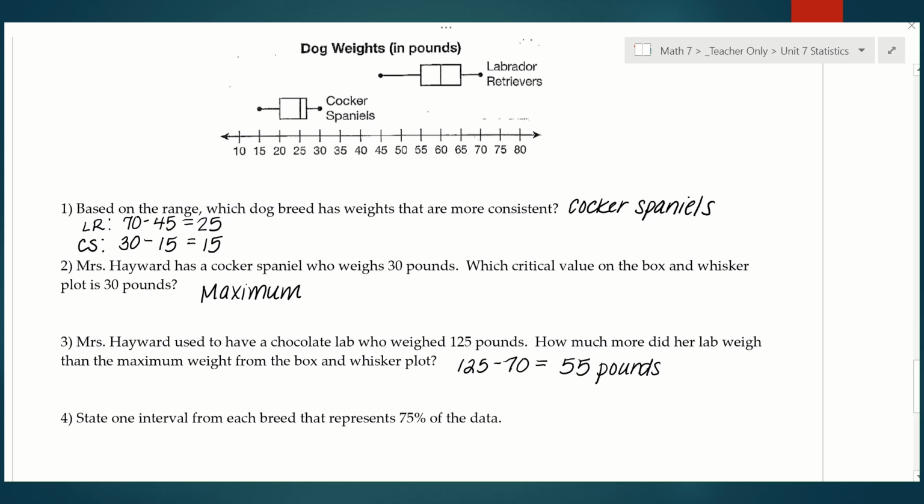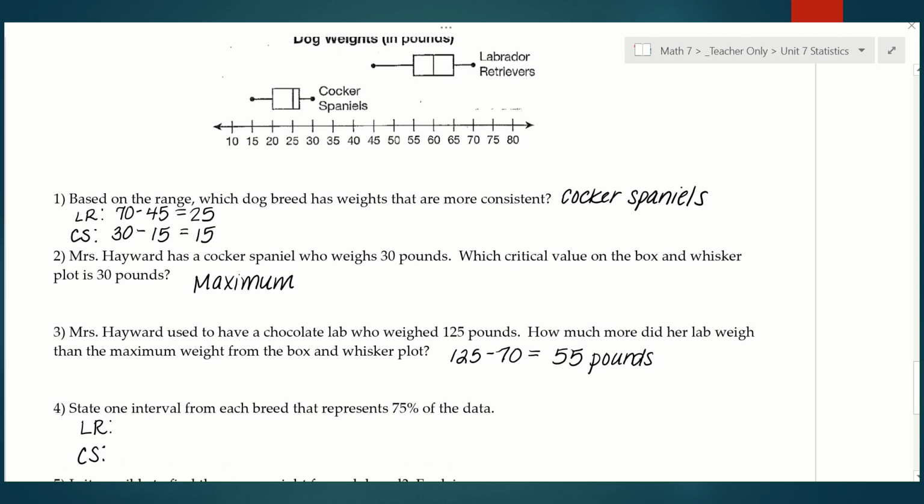Okay, state one interval from each breed that represents 75% of the data. Okay, so let's do labs first. If I need 75%, I am looking for 3 sections of the box and whisker plot. Okay, so there's a couple options here.